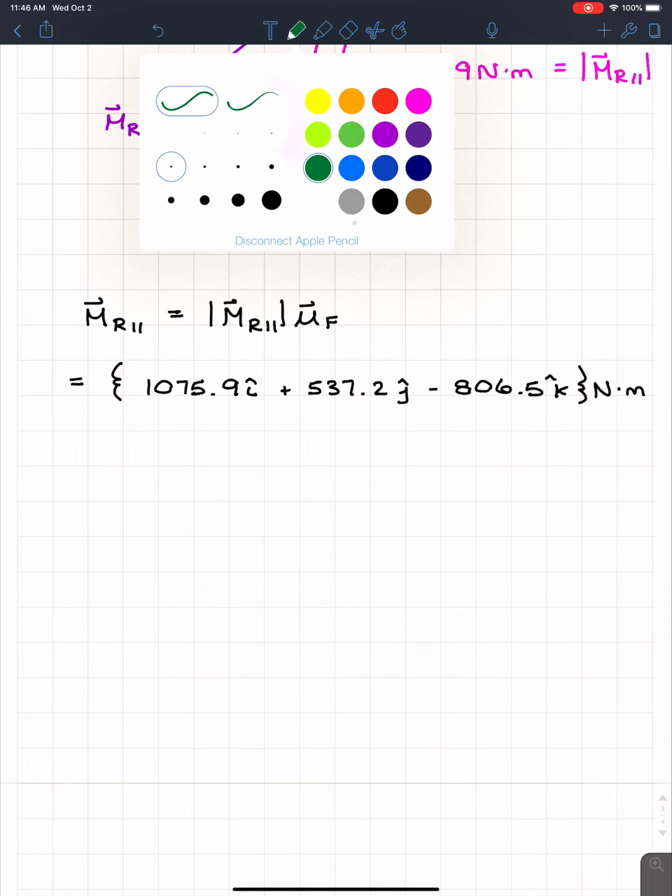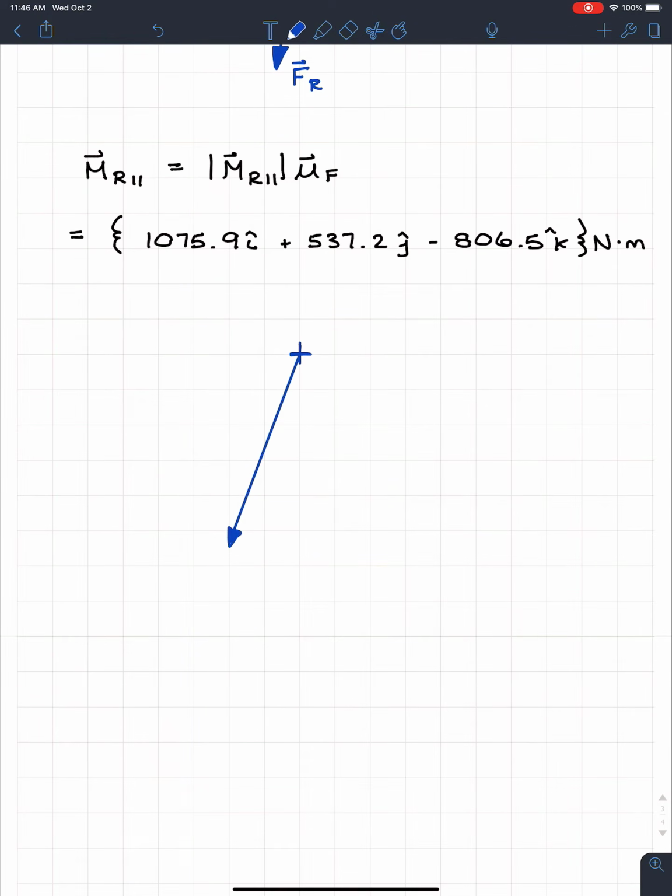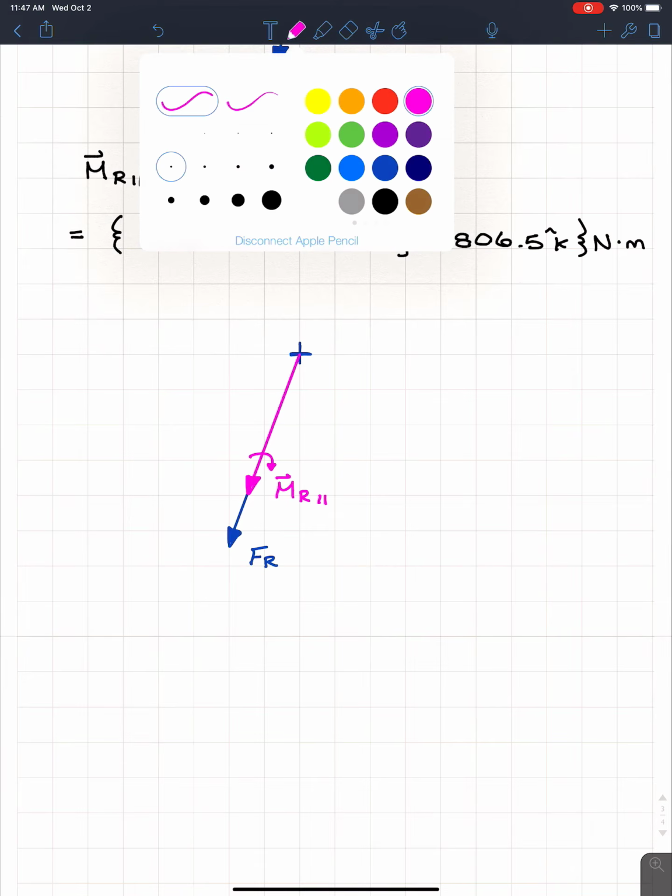So in this current scenario, we can draw it out again. This is what we have at the origin, so I'm just going to put this as my point real quick. Right now we have a force vector, which I'll put as FR. We have a moment vector that runs parallel, MR parallel, and I should probably put the vector hat on this one.